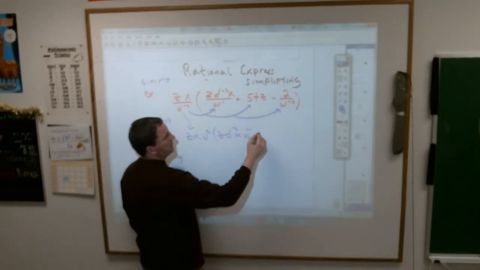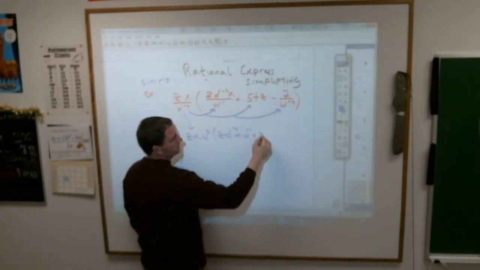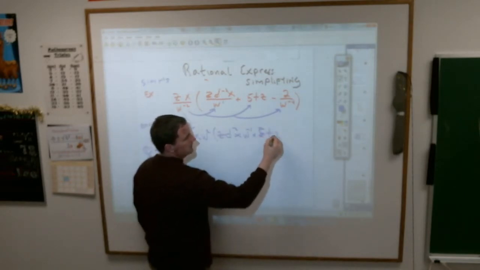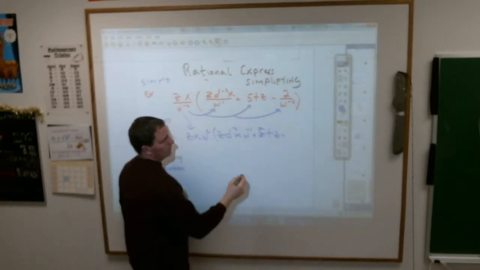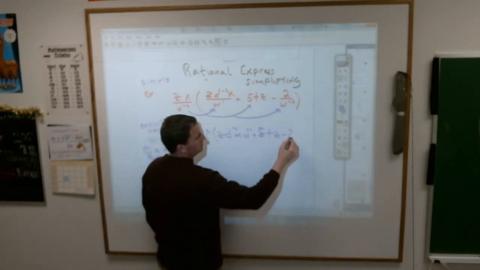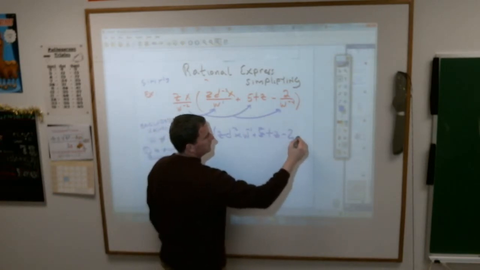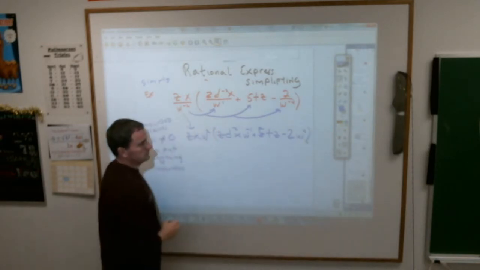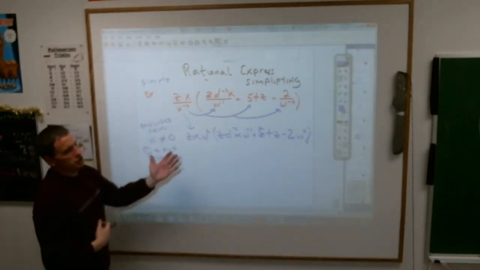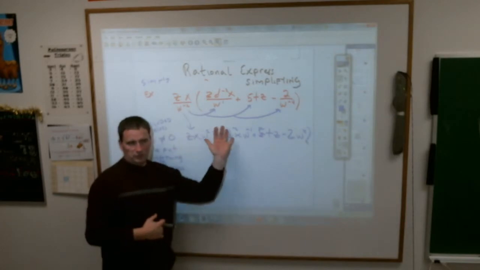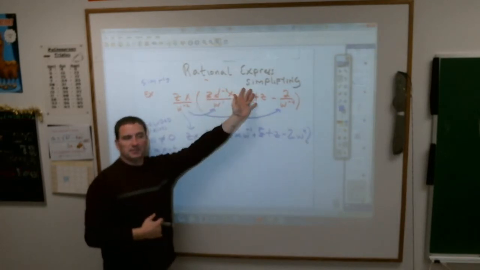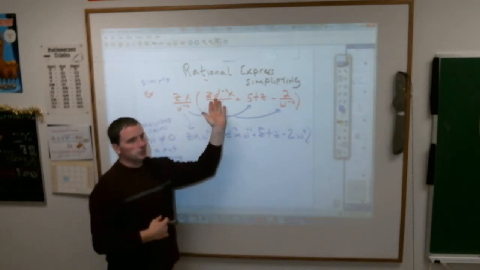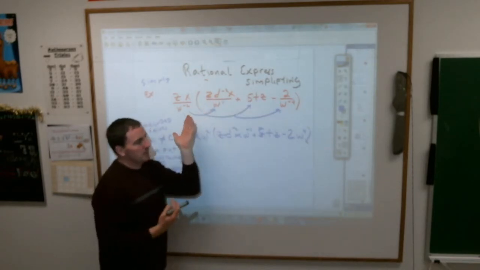The second one already is on top, so you don't have to do anything. 5tz, and the last one would end up being minus 2 w to the 4th power. Now to me, this just looks a lot easier to do than that, just because I'm not dealing with fractions. If you didn't get that, all I did was move up anything on the bottom to the top.